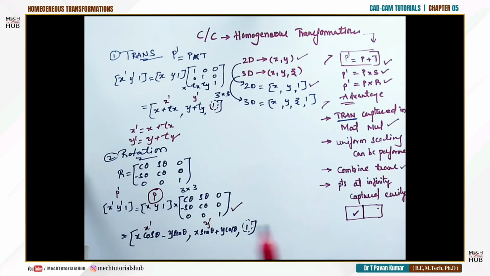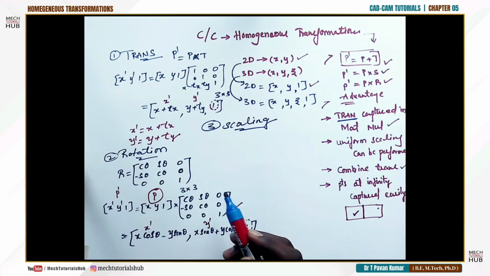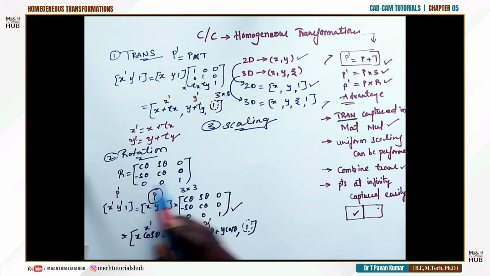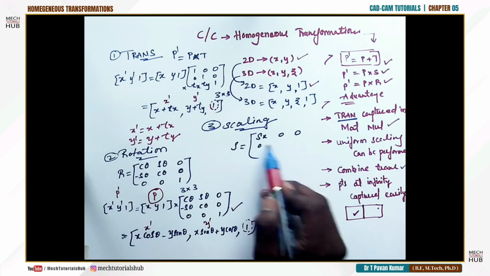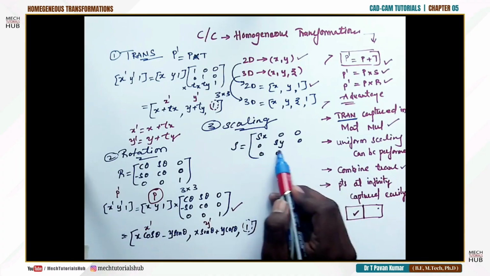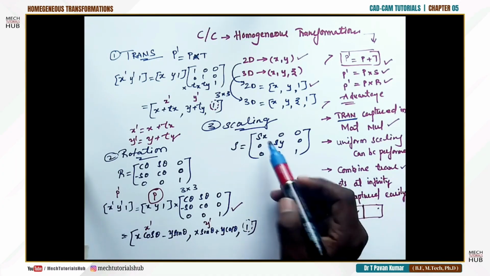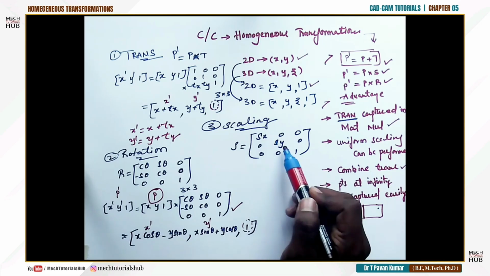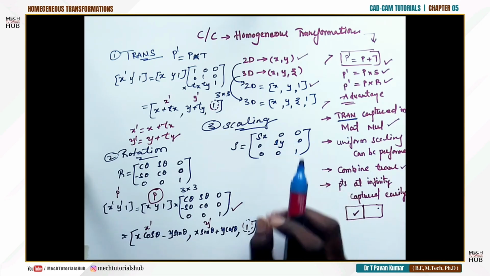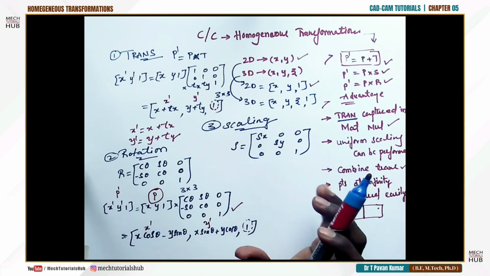Fine. Now the third one is all about scaling. Again, similar to this format, I'll write S is equal to Sx 0 0, 0 Sy 0 and 0 0 1. Now as I said, if you change the values of Sx and Sy, maybe Sx is equal to 2 and Sy is equal to 4, the size of the entity is going to be non-uniform.